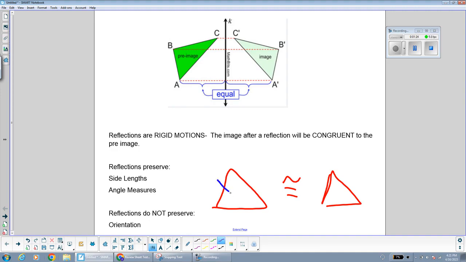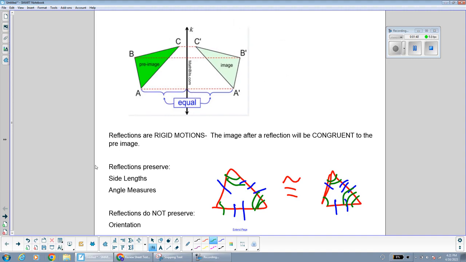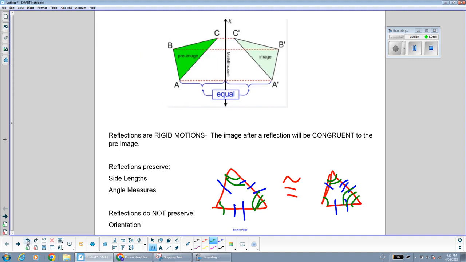So all of the corresponding sides are congruent to each other, and all of the corresponding angles are congruent to each other. Since a reflection is a rigid motion, it preserves side lengths and angle measurements. The original figure and the image after the reflection will have the same side measurements and the same angle measurements.